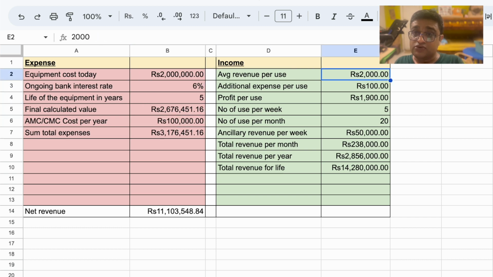Visual fields are very commonly done for patients, so the charges are generally lower, around 1,000 rupees per field. Let's put 10 visual field cases per week. That gives you around 40 in a month.